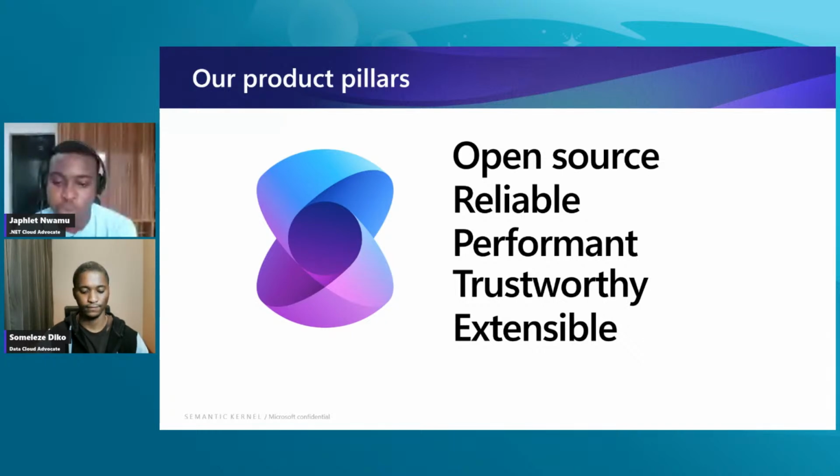And so Semantic Kernel tries to support all the open source vector stores that are out there. Depending on what their needs are, they have some good options. But then there are some key parts that make up Semantic Kernel. Someleze, would you like to touch on these key sections?